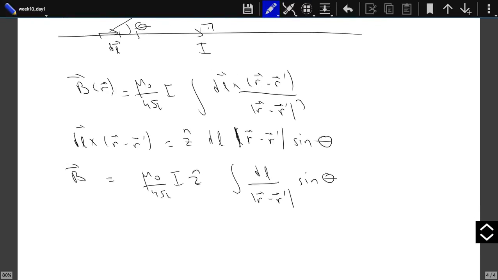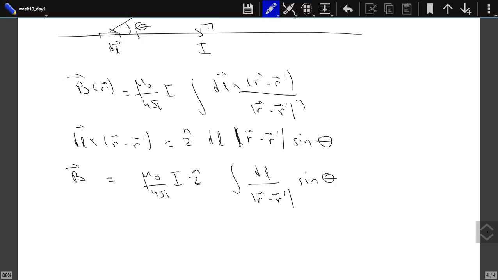Well, you see, here I'm integrating along my wire, that is dl. As I'm moving along the wire, the angle theta will change, this r minus r prime distance will change. So all of these things actually depend on whatever you call L, or you can say that everything depends on r theta. I will choose the theta.